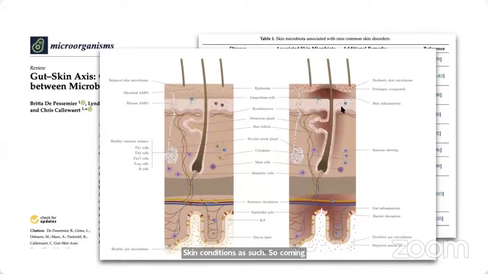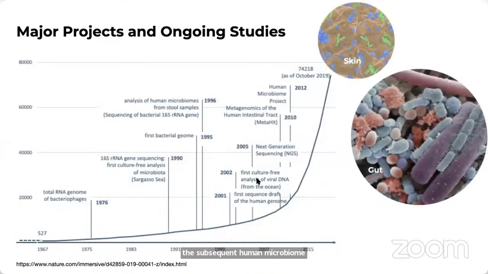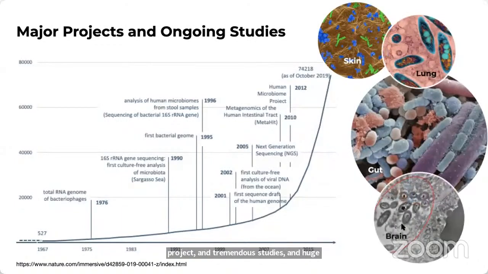So coming back to the presentation, since the 1990s, many microbiome studies have significantly advanced through major initiatives such as metagenomics of the human intestinal tract and the subsequent Human Microbiome Project, and huge studies have been made possible through several advancements in metagenomic sequencing.